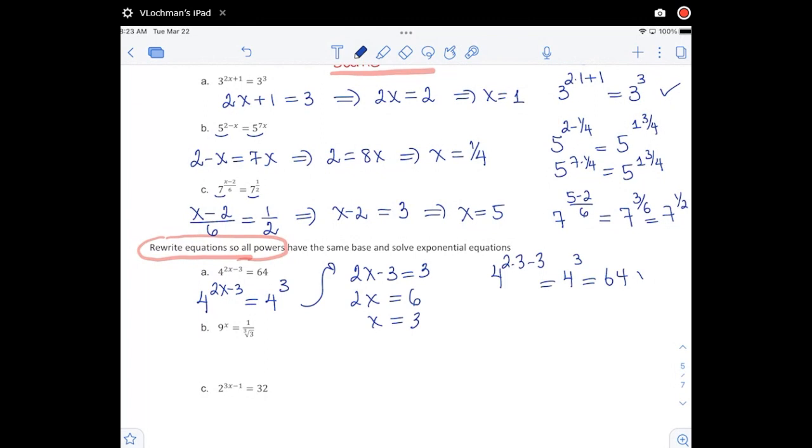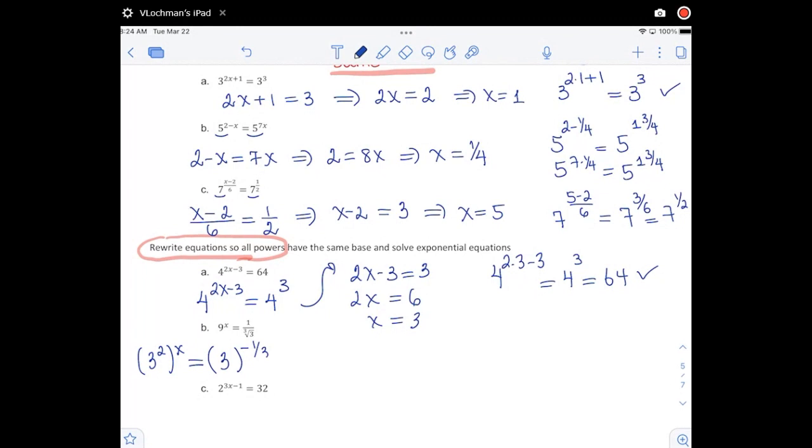Here I have 9 to the x is equal to 1 over the third root of 3. So I'm going to rewrite my 9 as 3 squared and then raised to the x. And this power right here, what would that be? This is 3 raised to the power negative 1/3.